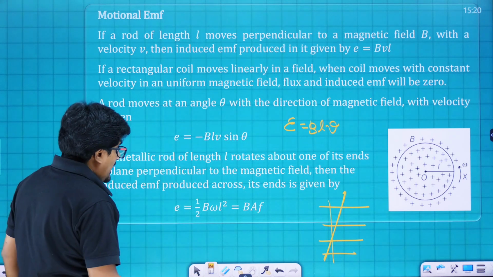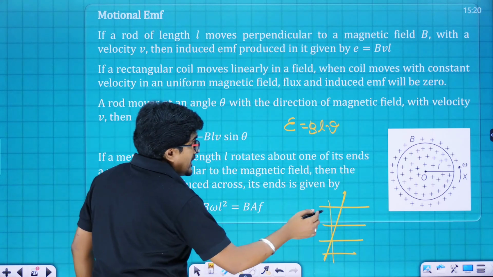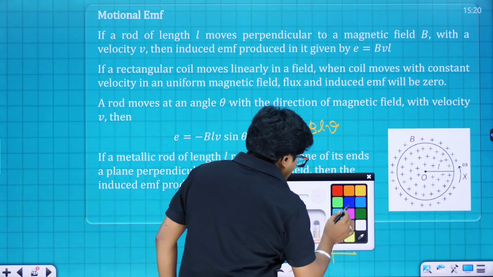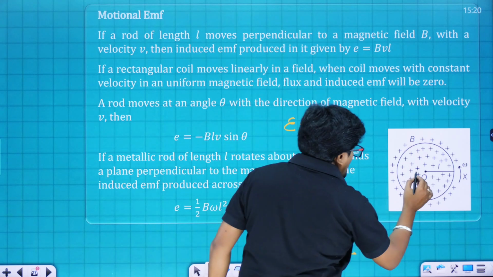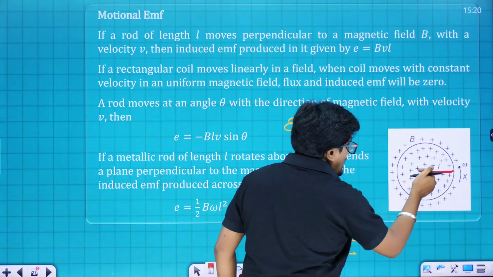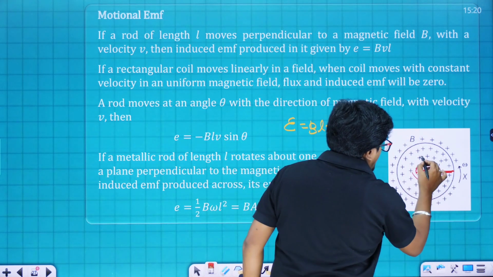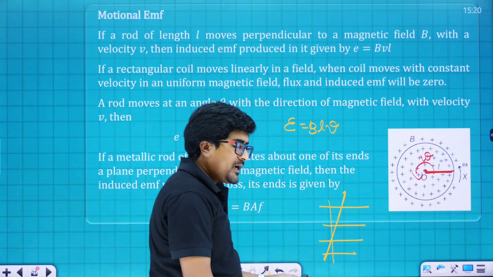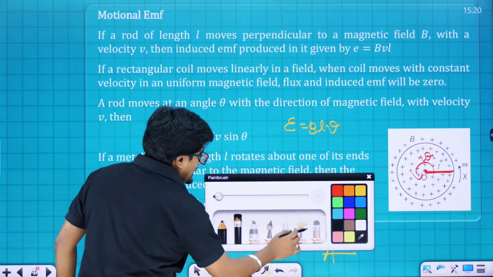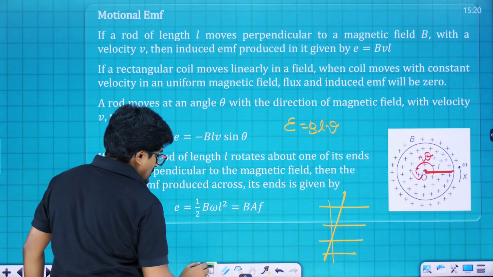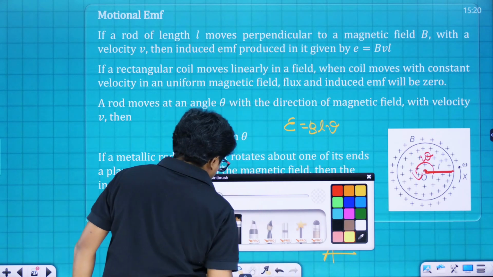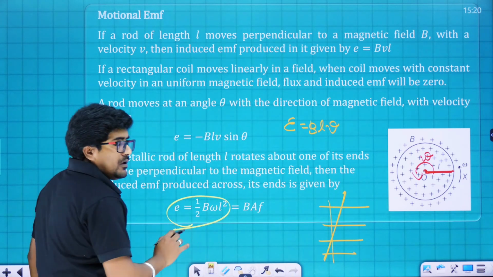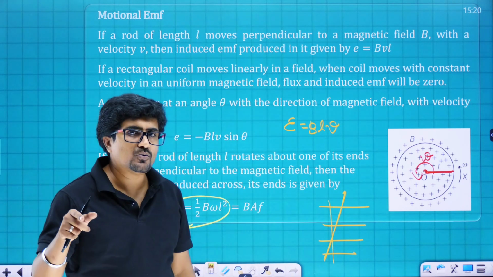There are other cases where this particular rod can be in a case like this. You are having a rod in this way, magnetic field lines are there. Now this is rotated at an angular speed of omega radian per second. In that case, the induced EMF is going to be half B omega L square.